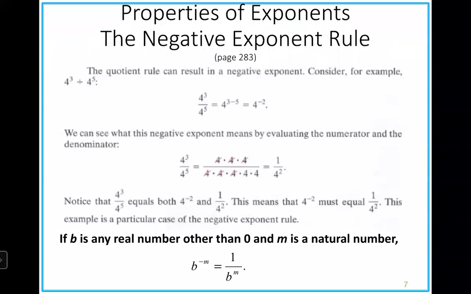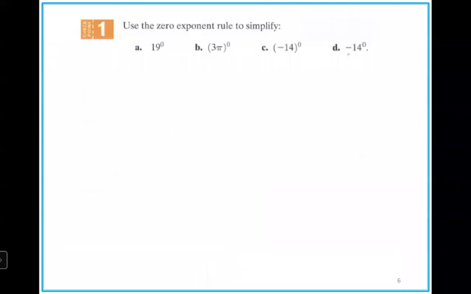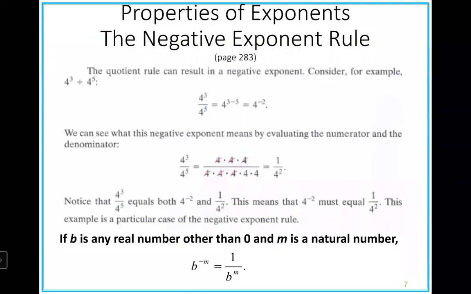So the next slide, we have properties of exponents, the negative exponent rule. We were just looking at the 0 exponent rule, and now we have the negative exponent rule. Look at this example where you have 4 to the 3rd divided by 4 to the 5th.